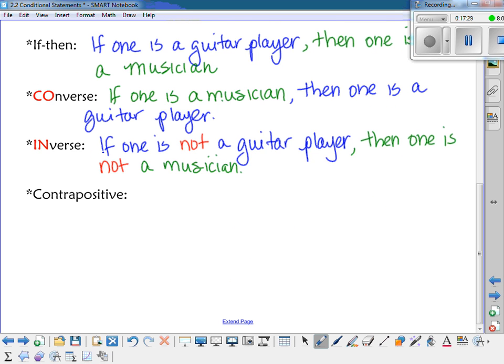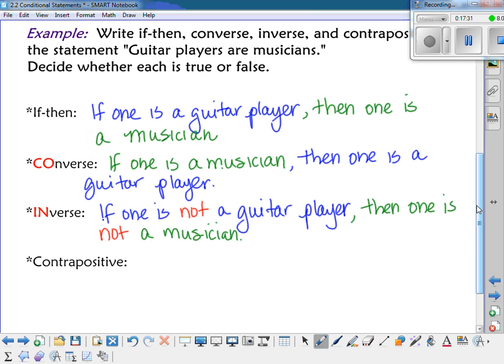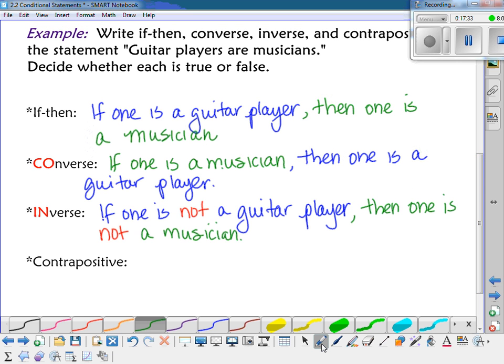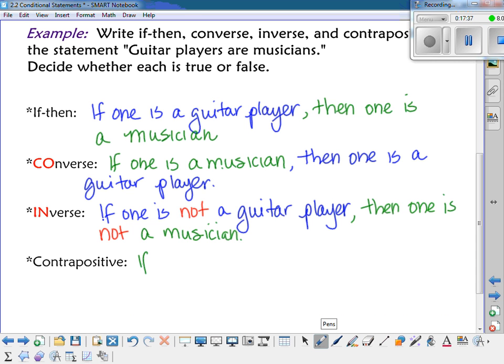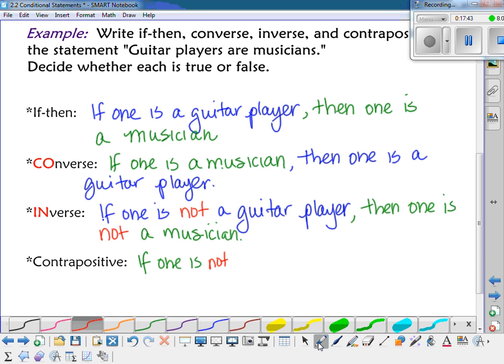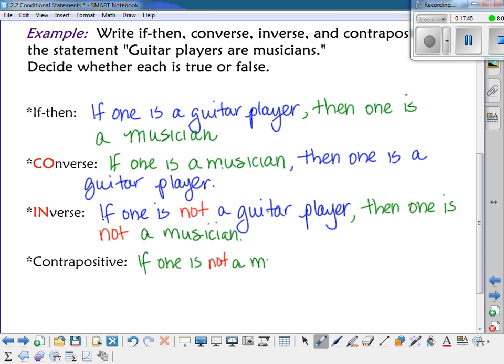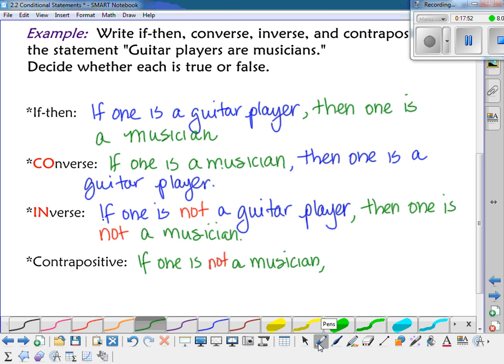And then finally the contrapositive, we mix it all up, change the order and negate. So if one is not a musician, then one is not a guitar player.